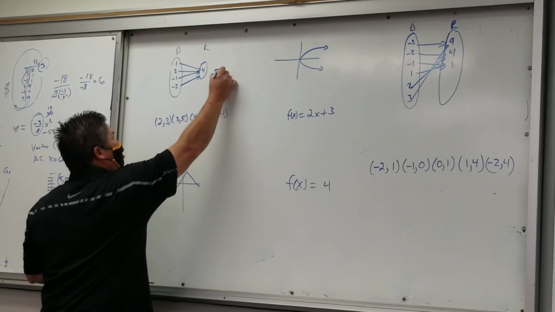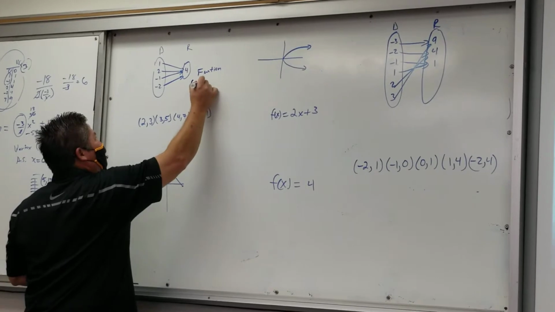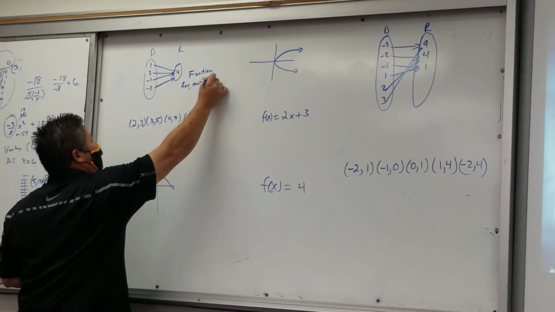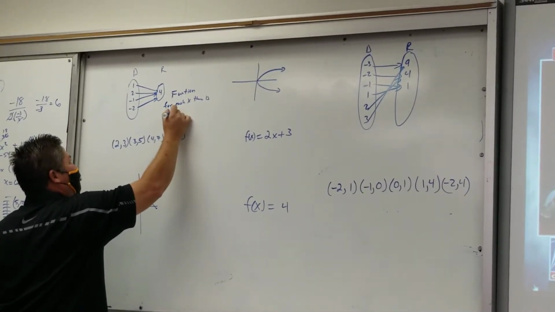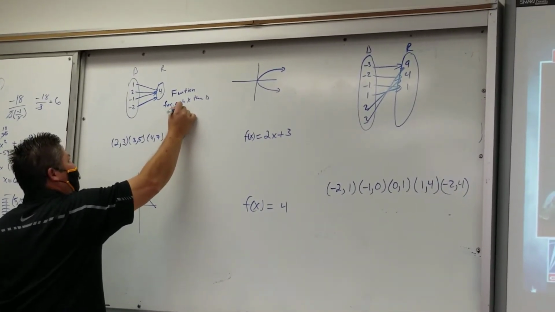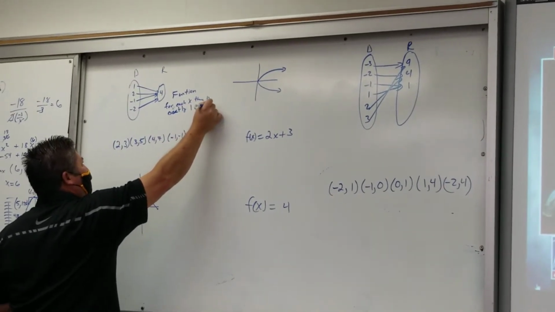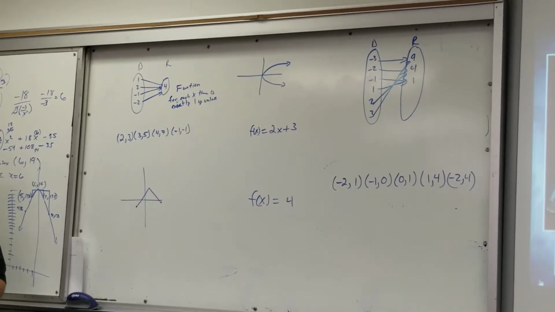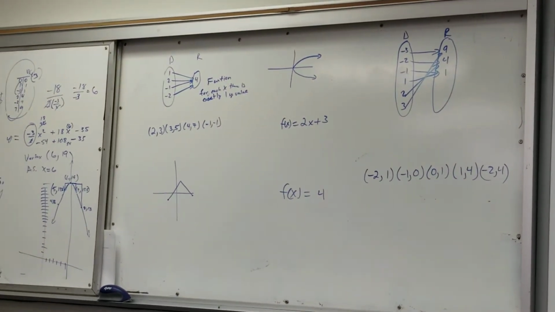How come? For each x, there's only one. Right, for each x, there is exactly one y value. Okay, so that's how we know it's a function. Is this discrete or is it continuous?